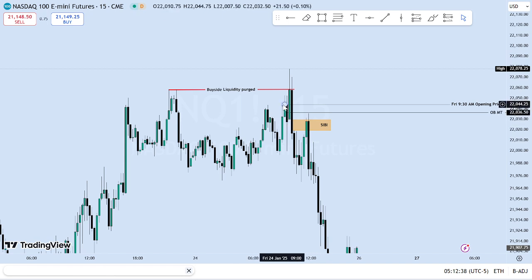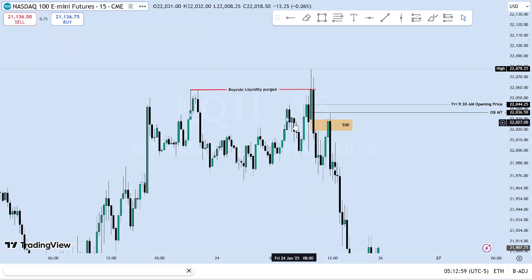It's either a liquidity resting above or a liquidity resting below at that time of the day. Once price took out a liquidity at that moment, you wait for price to create a displacement and a fair value gap, which is this now.